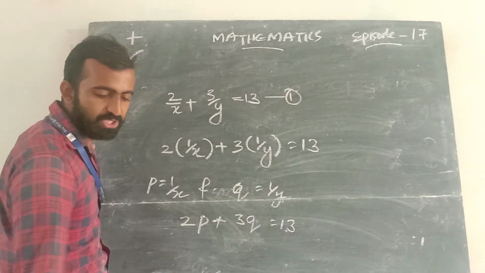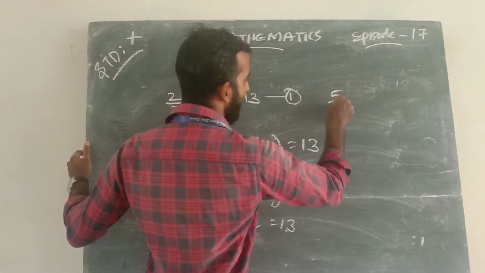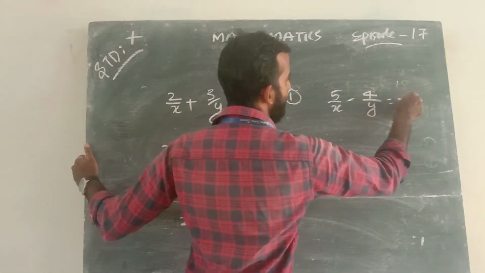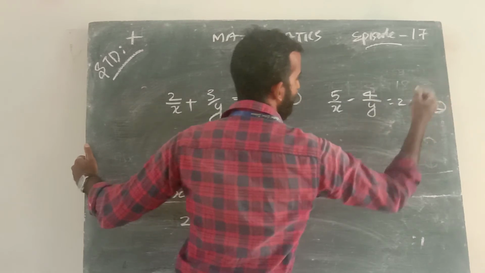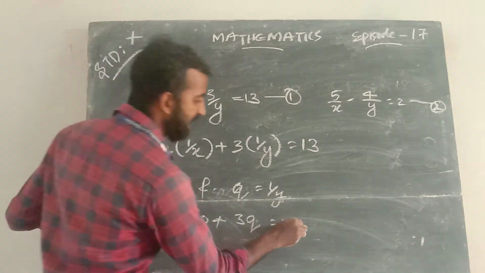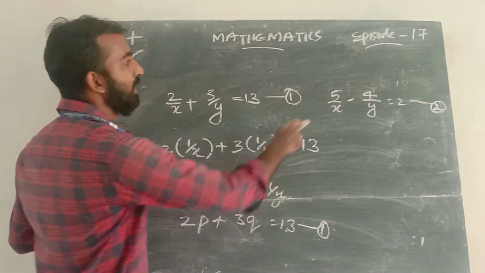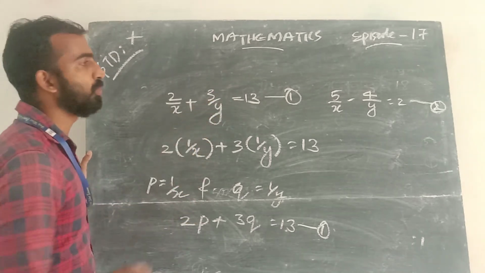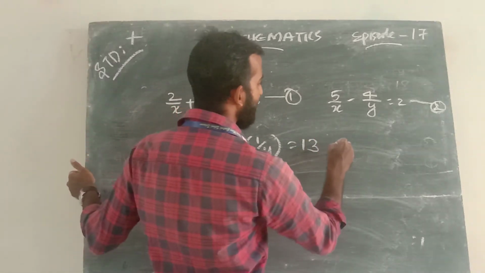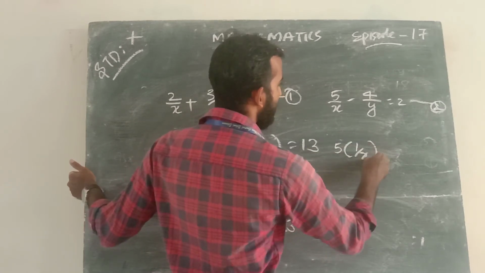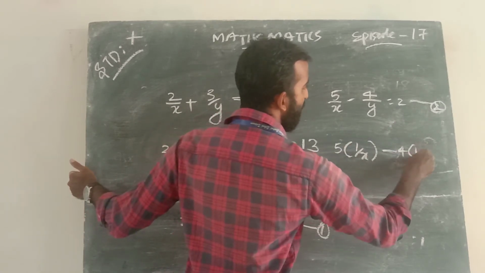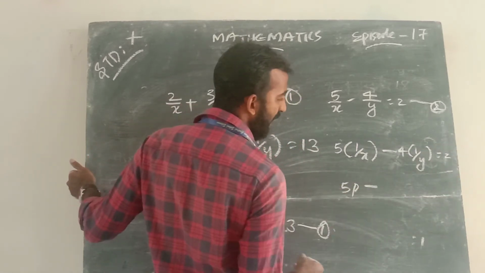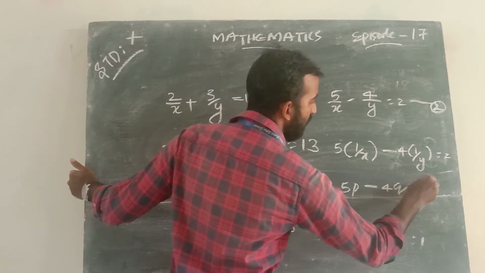Next, our second equation is 5 by x minus 4 by y equal to 2. This is equation number 2. Here we can write 5 into 1 by x minus 4 into 1 by y equal to 2, that is 5p minus 4q equal to 2.